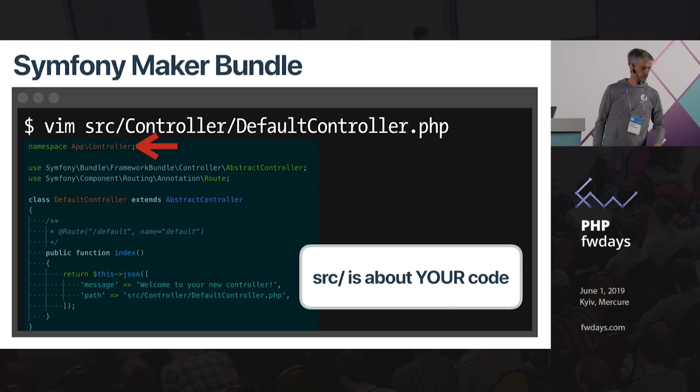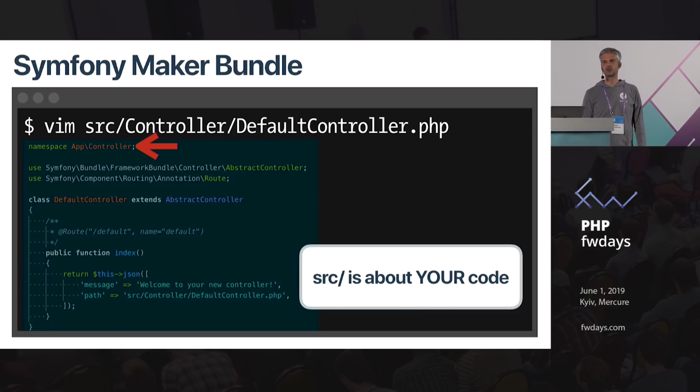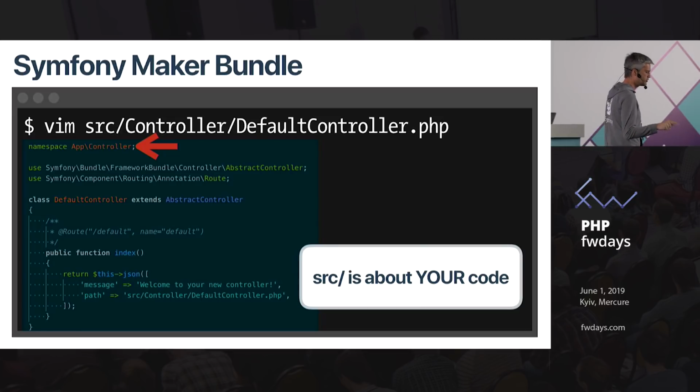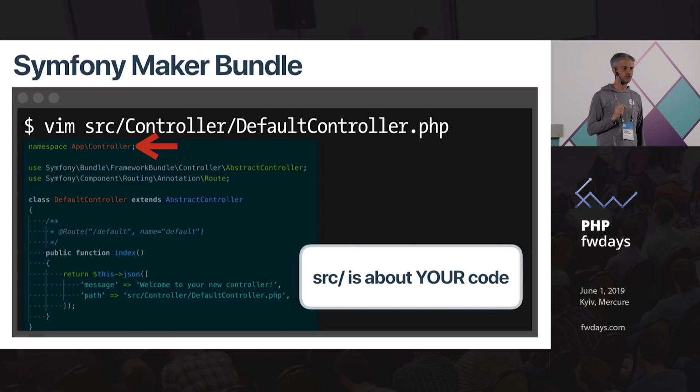Here you can see that we are generating a JSON file because we don't have Twig by default. If we require Twig before creating a controller, then we would have Twig used here. And you can see also one major change. We don't have bundles anymore for your project, right? When you create your project, you don't need to create a bundle.